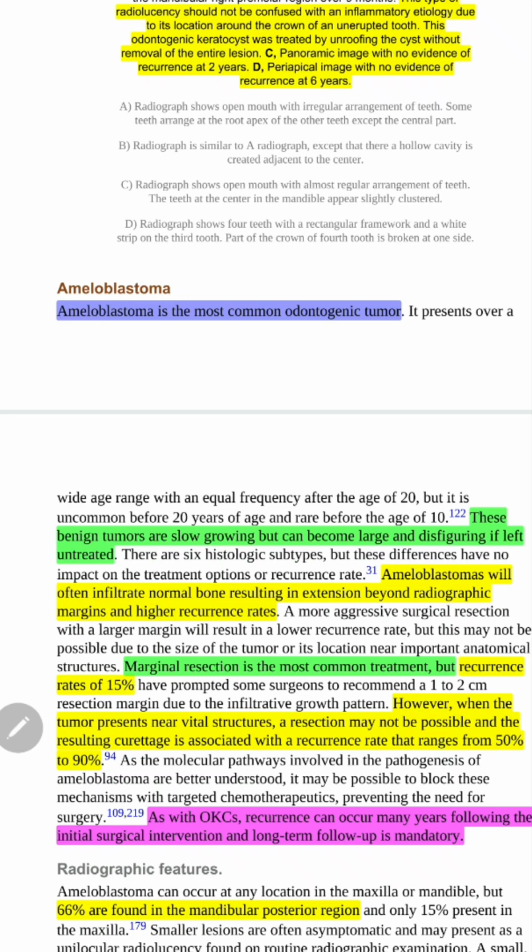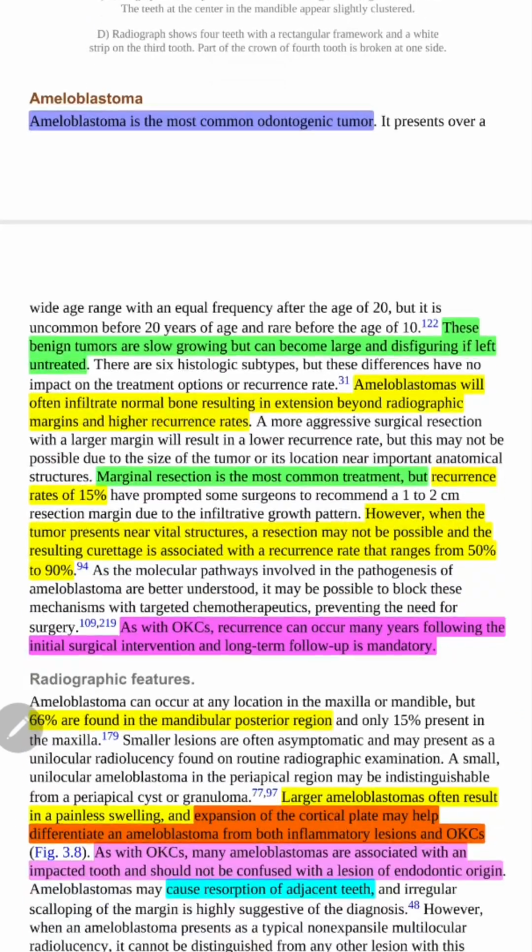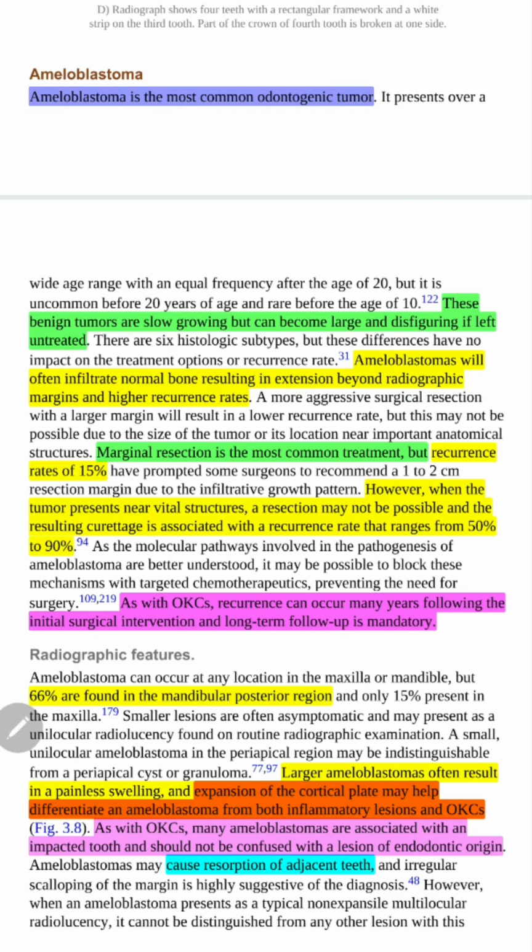However, when the tumor presents near vital structures, a resection may not be possible, and the resulting curettage is associated with a recurrence rate that ranges from 50% to 90%. So, follow-up is mandatory.